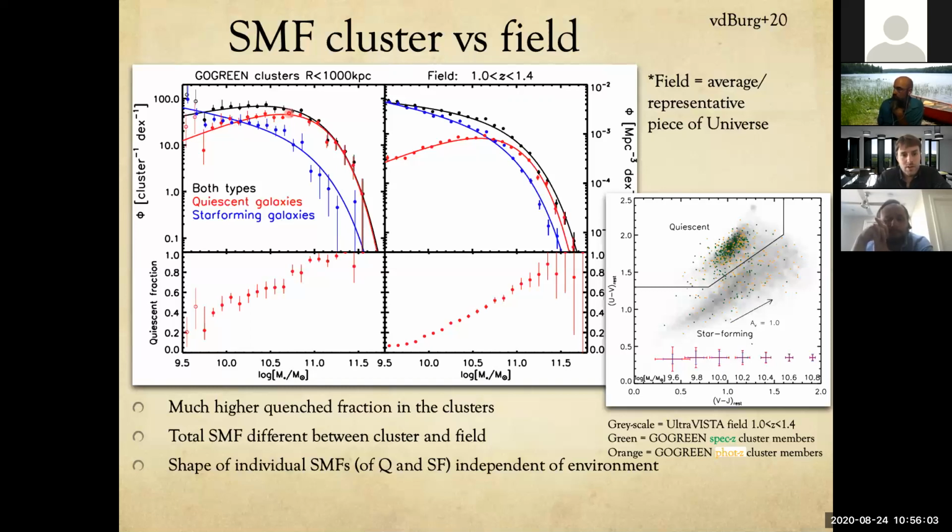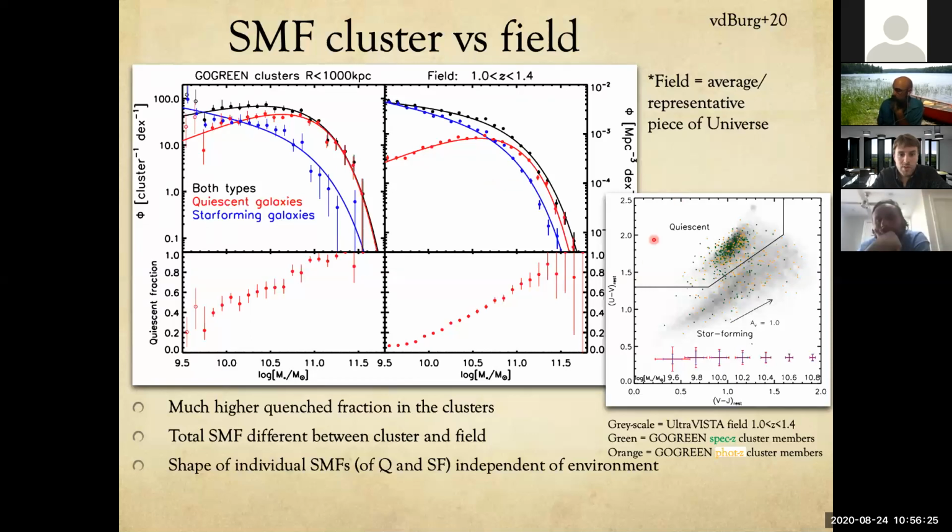That can also be seen here in the lower panels. But if you look just at the shape of the stellar mass function of quenched galaxies between the cluster and the field, the shape seems to be roughly the same. Only the normalization is clearly different. And the same is true for the star-forming galaxies.